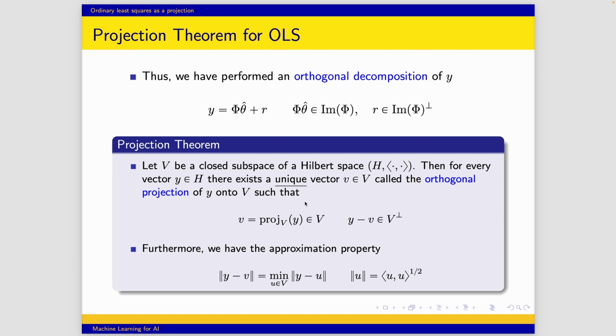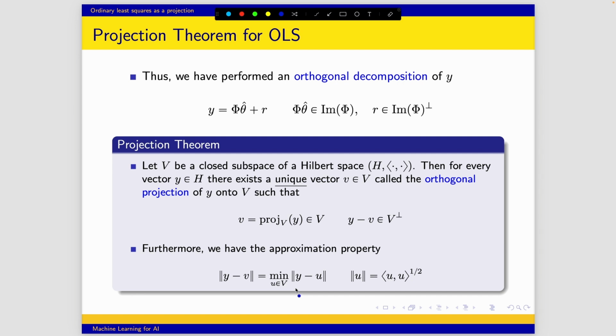If we take the norm of this difference, y minus v, the error or residual in our approximation of y by the vector v in the subspace V, then this norm is the minimum of all norms y minus u, where u is in V. So it's the vector in V that is closest to y.